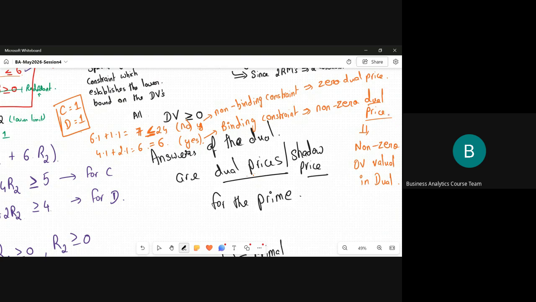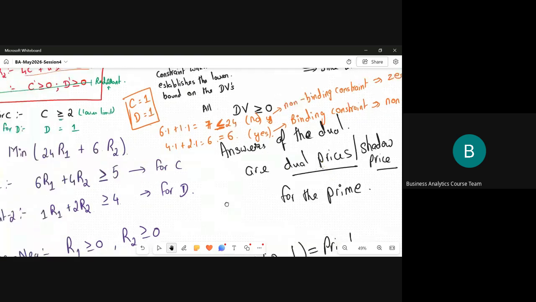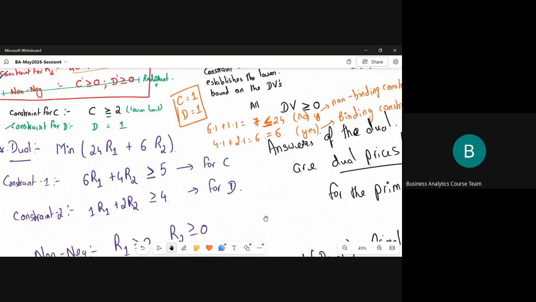So those dual prices will tell you how much you are willing to pay, your willingness to pay to get that resource. So when I am the raw material supplier, I will formulate the same problem and I will find out what is your willingness to pay for R1, what is your willingness to pay for R2. That is why it is known as the dual formulation.